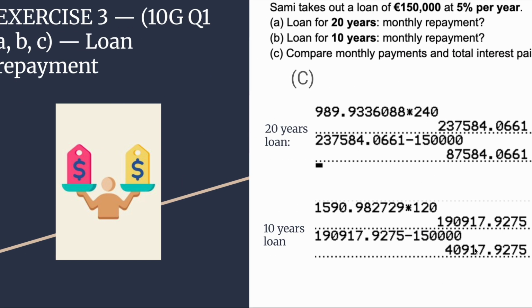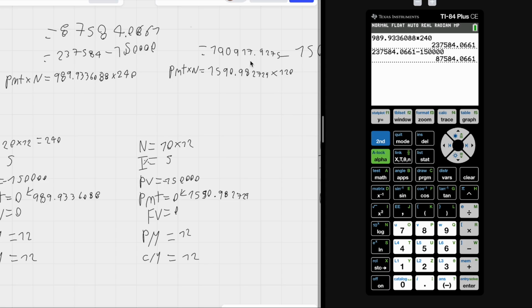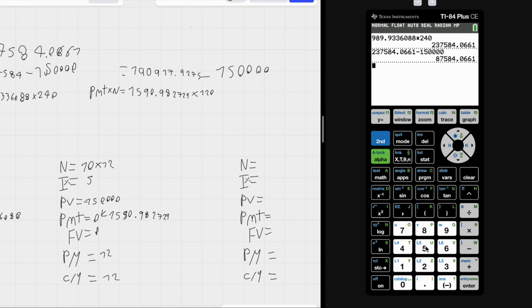That is correct. And the other one, we are going to have to write it again because I already erased it. 17.925 minus initial value is gonna give you 9275.